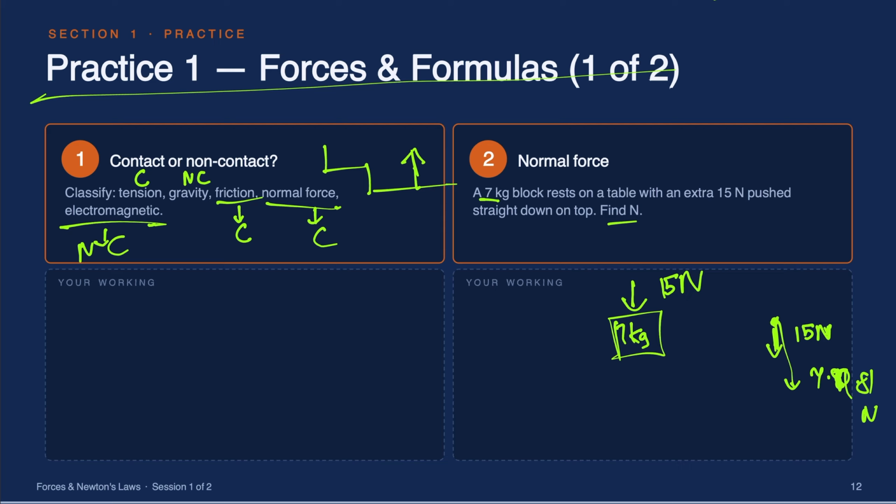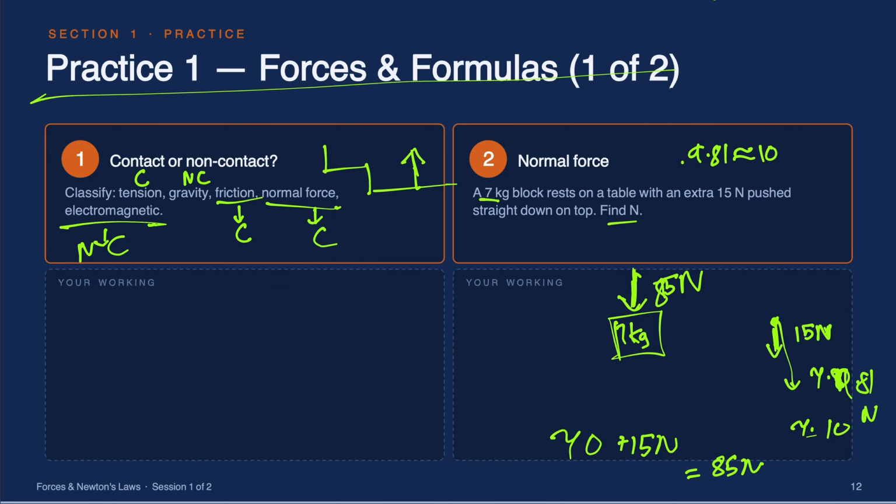So you could round to 10, right? A lot of times 9.81 is rounded to 10 meters per second squared. So this becomes 7 times 10, 70 newtons, and then 15 newtons downwards. So 85 newtons is being pushed on this block downward.